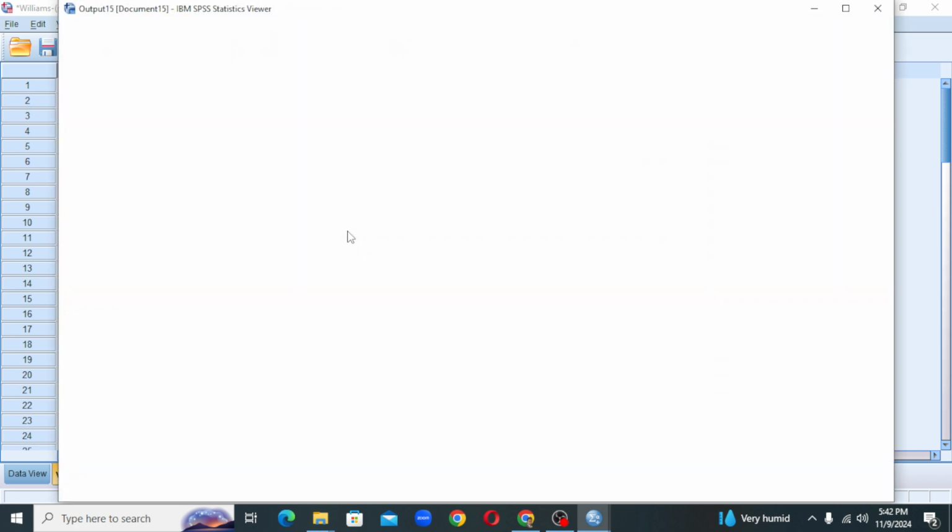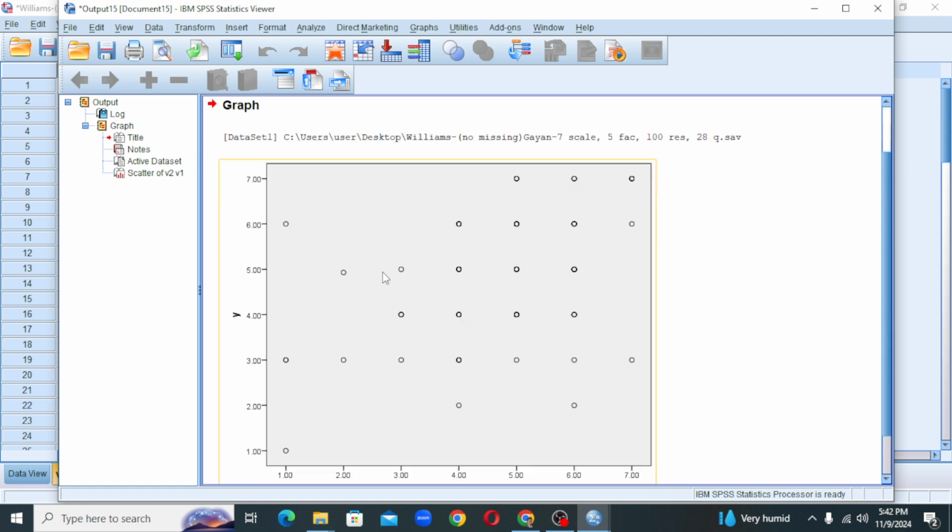Press OK, and you will see how the data are dispersed along the graph. So if it is on a line, this kind of a line, then of course we can expect a strong positive relationship. However, this is a bit of a positive relationship.